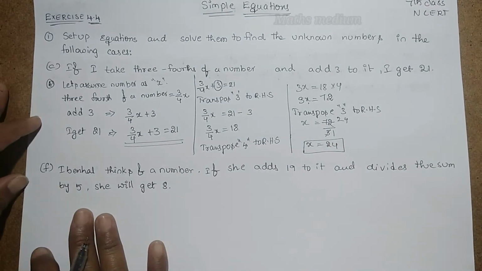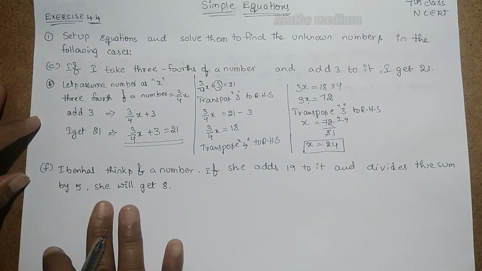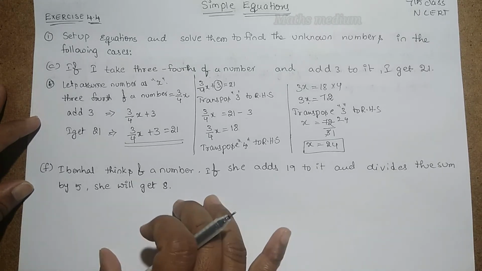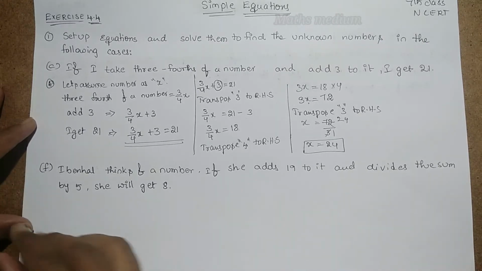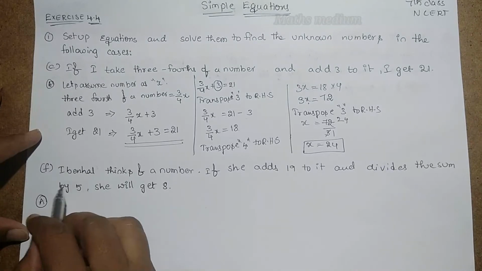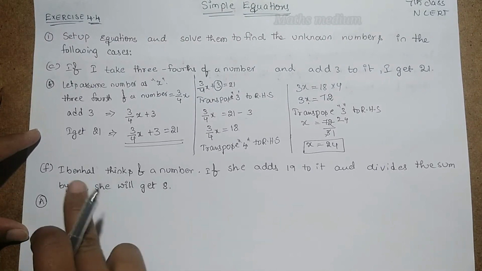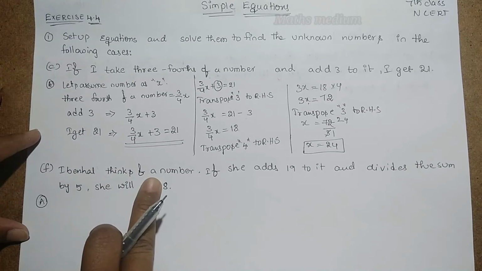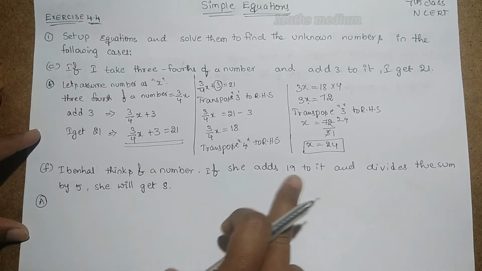Similarly, apply the statement to get an equation, and then we have to transpose the values. So let's start. Ibenhal thinks of a number. If she adds 19 to it.